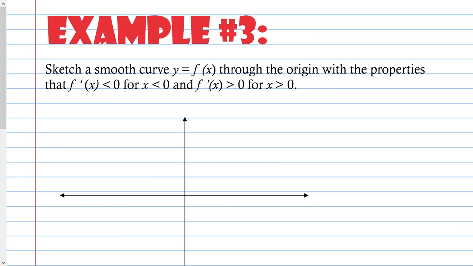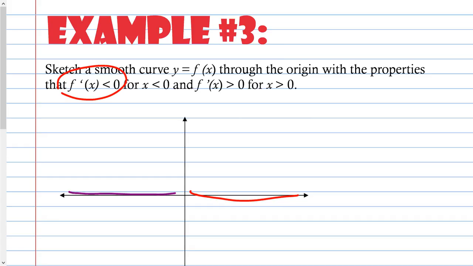All right, example 3. Sketch a smooth curve y equals f of x through the origin with the properties that f prime of x is less than 0 for x less than 0, and f prime of x is greater than 0 for x greater than 0. Okay, this is really easy. x is less than 0 from here to here. x is greater than 0 from here to here.